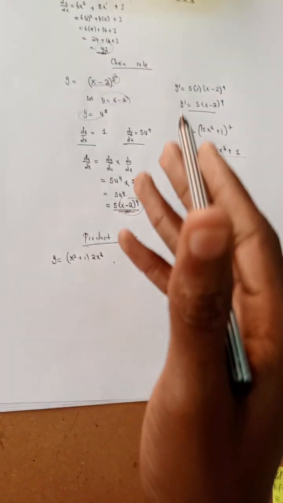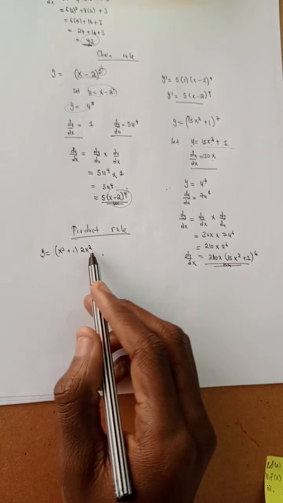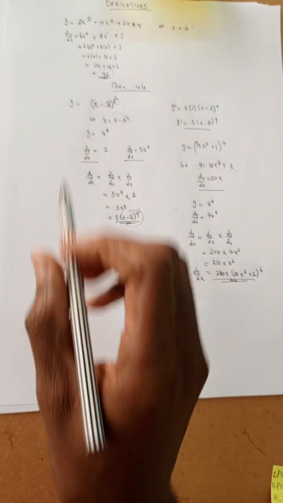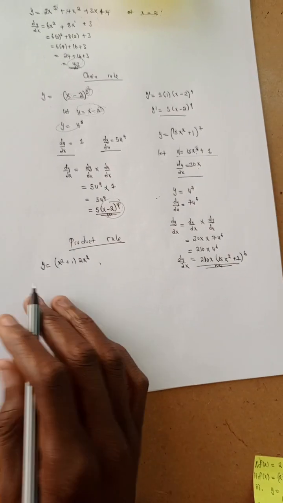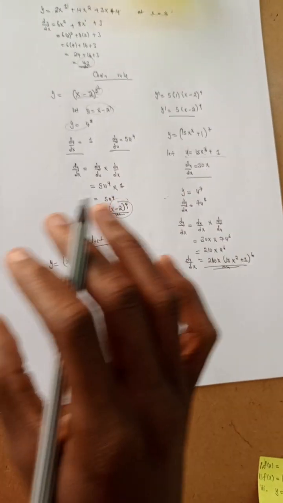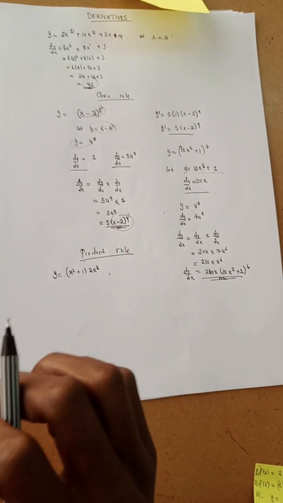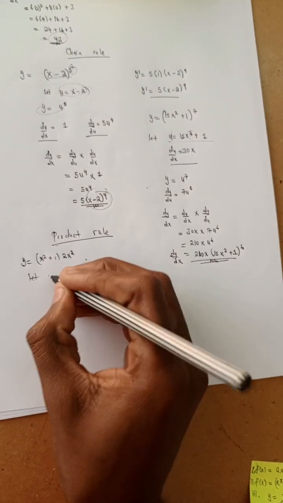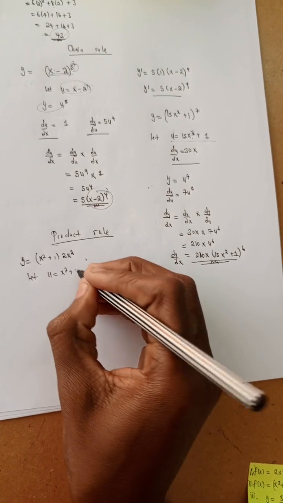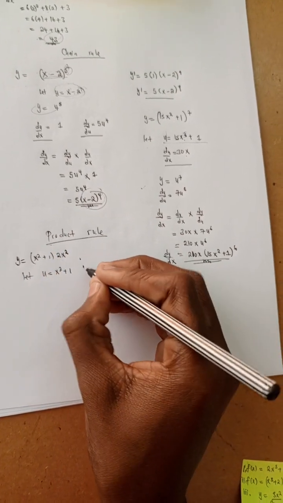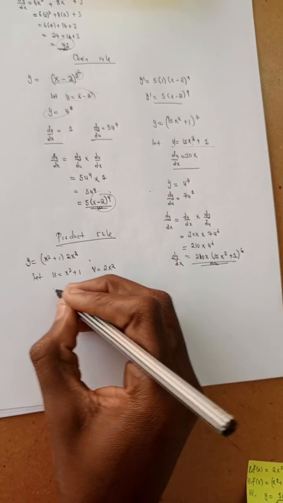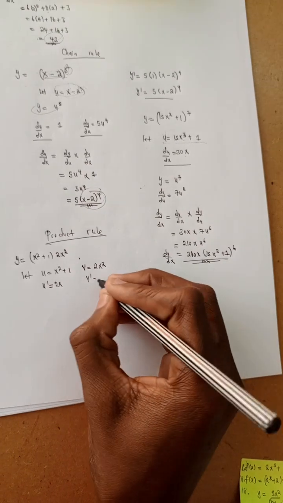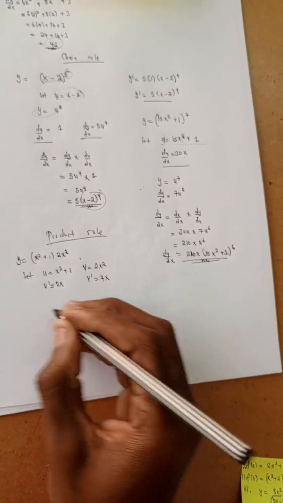Like I said, in general, we can multiply and use the power rule, but that would take time when we're given functions that have extremely big powers. So we can simply say let u be equal to the first function and let v be equal to the second function, and then differentiating this we have 2x, and differentiating that we have 4x.